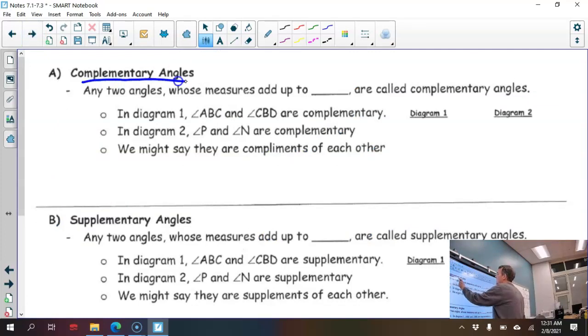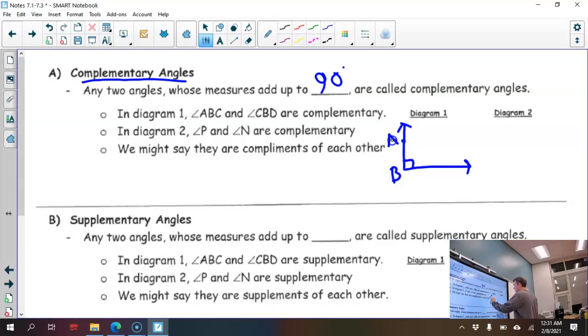The first we have is complementary angles. That is any two angles whose measures add up to 90 degrees. So I'm going to draw a diagram over here. My first diagram is going to be a right angle. And I am going to call it angle ABD.